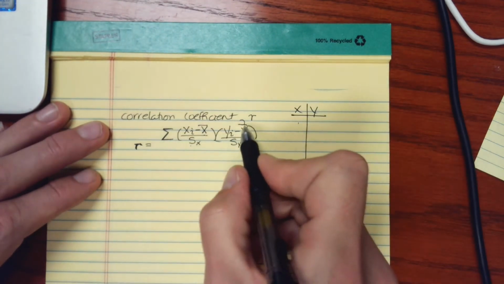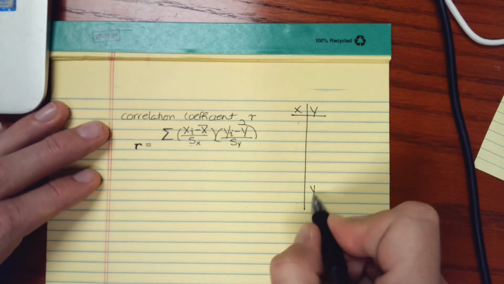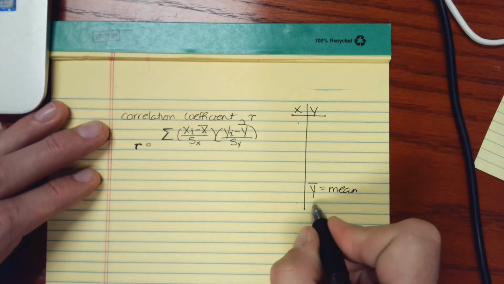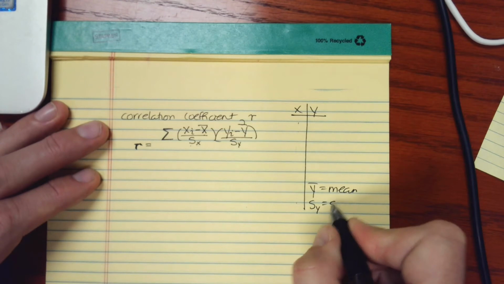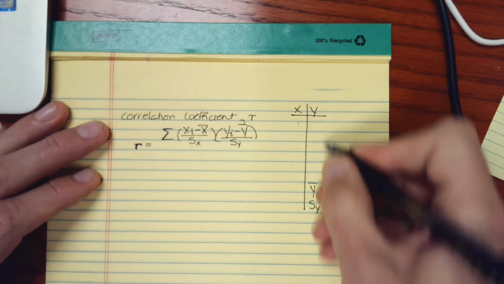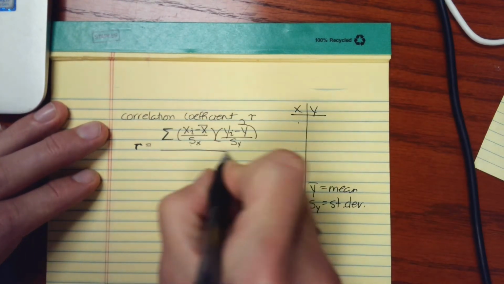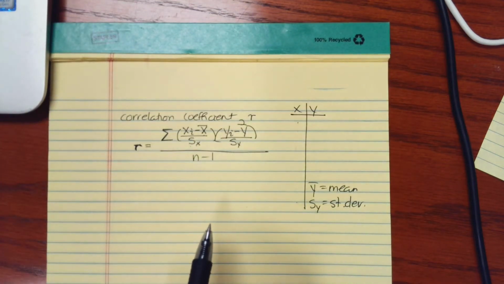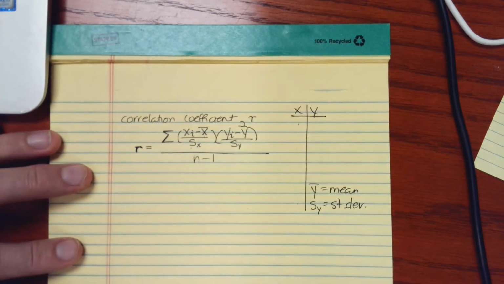Again, y bar would be the mean just for these values, and s sub y is the standard deviation just for these values. And that's all divided by n minus 1. So we're kind of taking an average by summing and then dividing by how many we have.